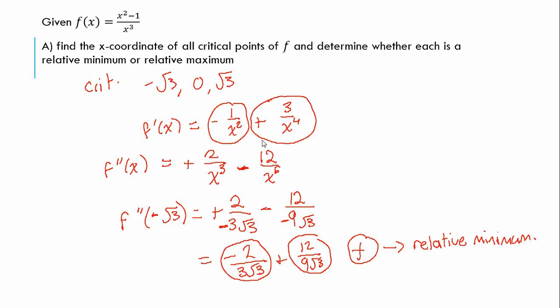So we already know that f prime of 0 is undefined, but we'll also find that the second derivative at 0 is undefined, because 2 divided by 0 is undefined and 12 divided by 0 is undefined. So let's just go ahead and check f double prime of root 3.